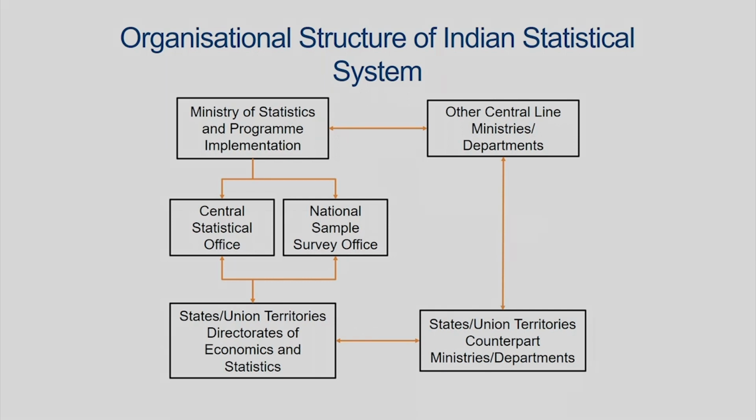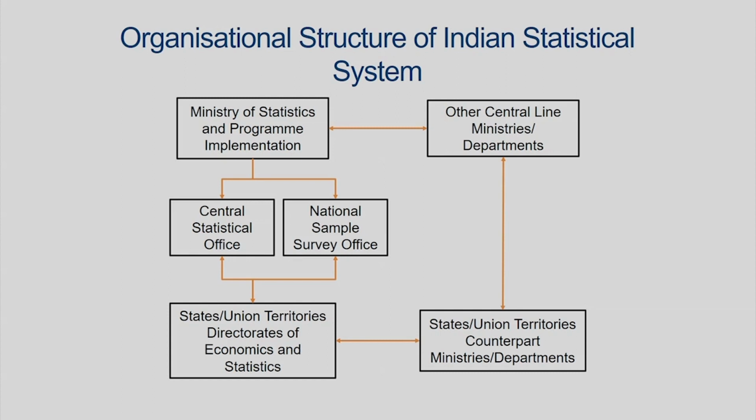Under the Ministry of Statistics, we have two agencies, the Central Statistical Office, sometimes also called the Central Statistical Organization, CSO, and NSSO, the National Sample Survey Organization, and both of them in coordination direct the Directorates of Economics and Statistics in the states and union territories. And under the central line ministries and departments, we also have their counterpart departments in various states and union territories.